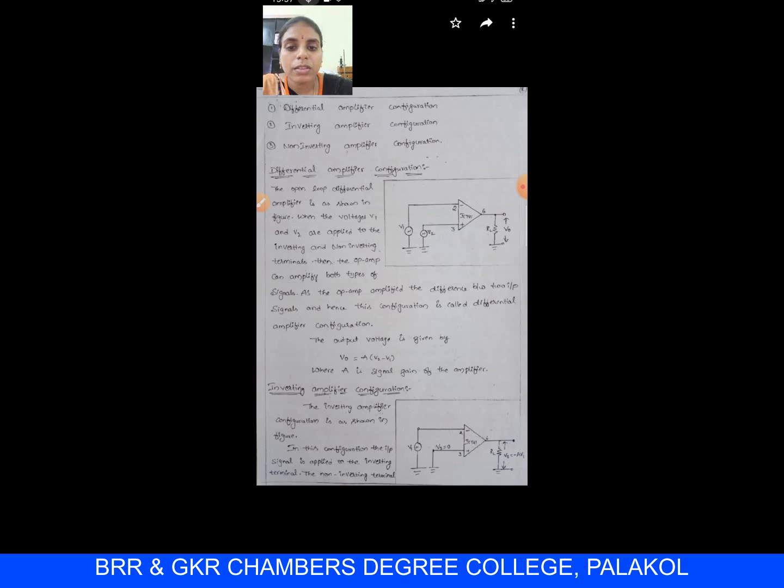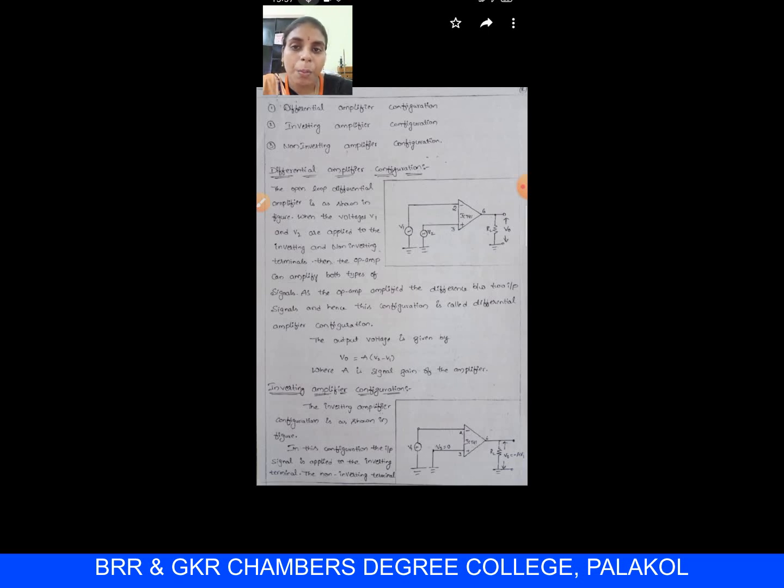When the voltages V1 and V2 are applied to the inverting and non-inverting terminals, the op amp can amplify both types of signals. As the op amp amplifies the difference between two input signals, this configuration is called differential configuration.